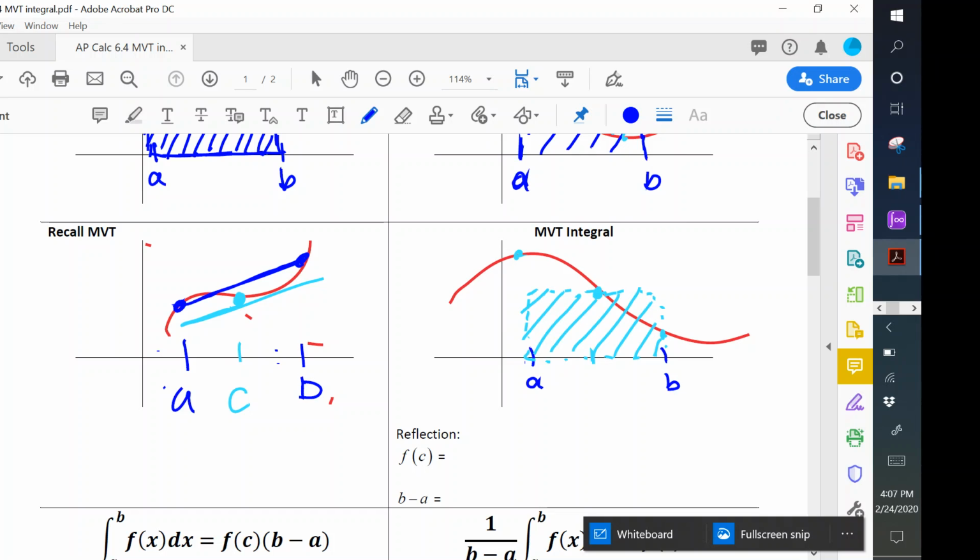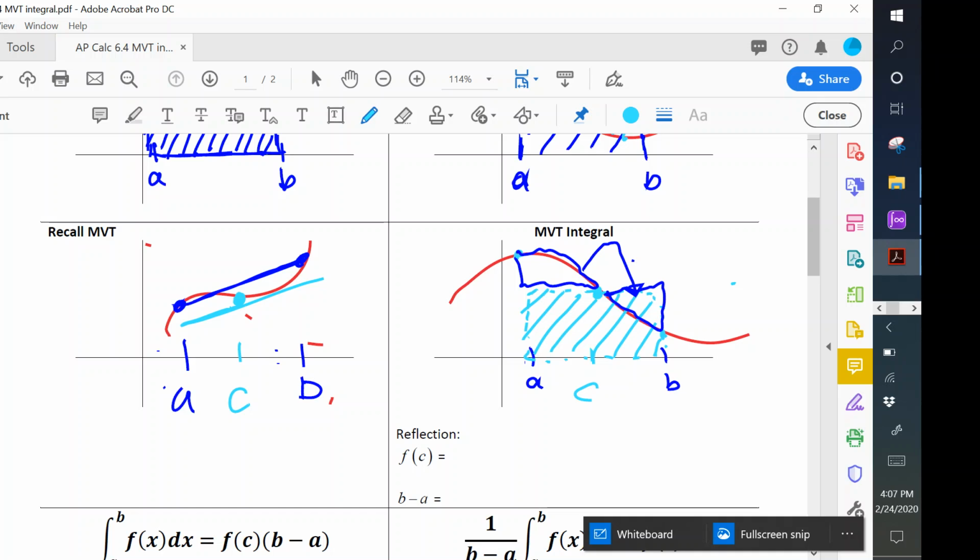You're probably thinking that's not true, because look at this area left over. You're right, that is above, but according to the mean value theorem, that area fits right here where I have this part. So that's what I'm trying to say, there is a value C that works with this mean value theorem.